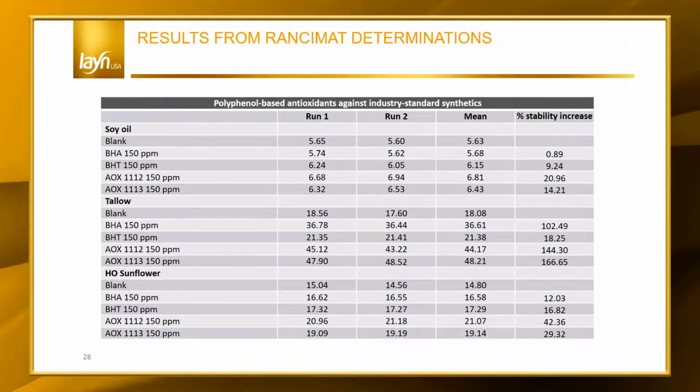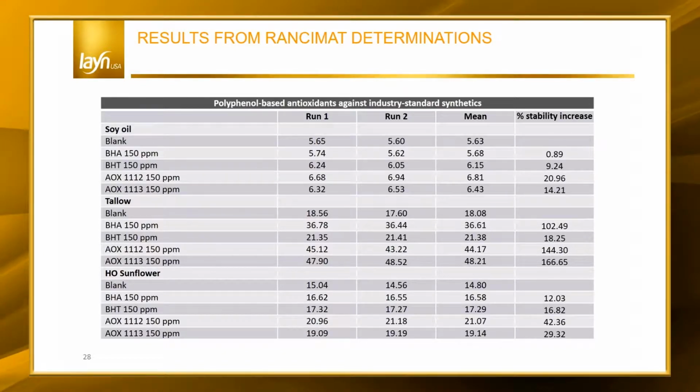When we use tallow, a more saturated fat, BHA obtains a 102% stability increase, but it's curious to see that BHT is not as active as BHA in this particular substrate.